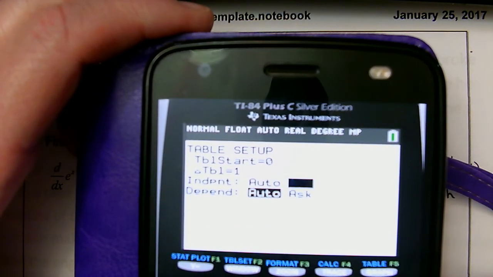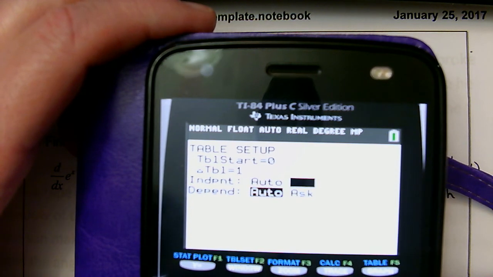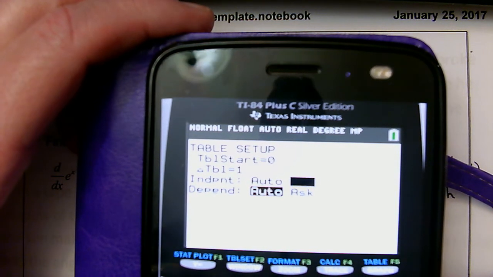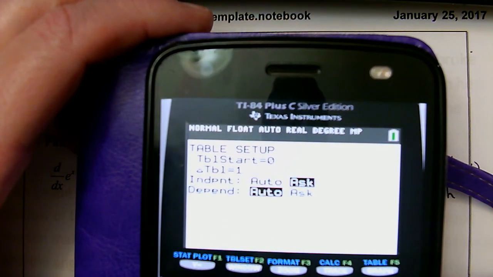So remember, the thing I have in the calculator is the difference quotient. I'm supposed to be taking the limit as h approaches 0, where I used x for h. And I was using this to find the value of the derivative of e to the x near x equals 0.